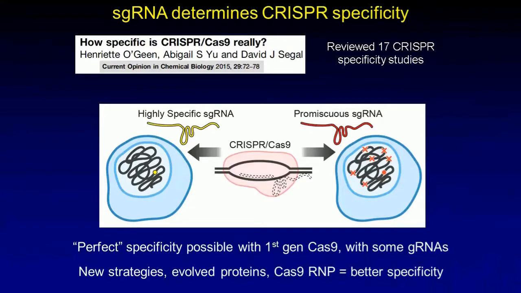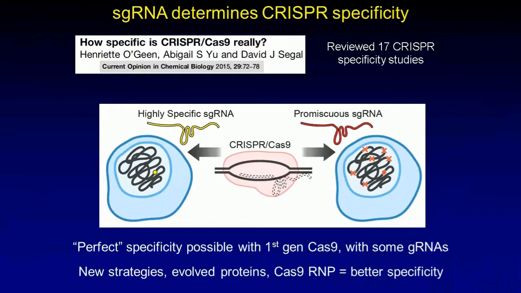But in addition to using the right guide RNA, there's been several other strategies that I'm not going to speak about now. But those include things like using double nucleases instead of a single CRISPR-Cas, using evolved versions of the CRISPR-Cas protein with high specificity.